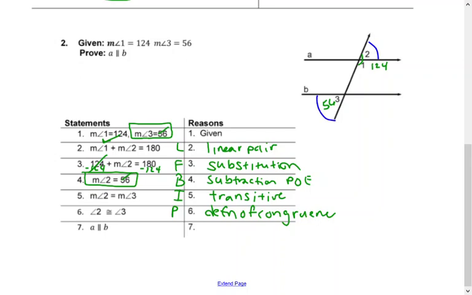And again, when we prove things are parallel, we're going to be using a converse. In this case, it's the converse of the alternate exterior angles theorem. Alternate exterior angles, which is on our sheet UU.